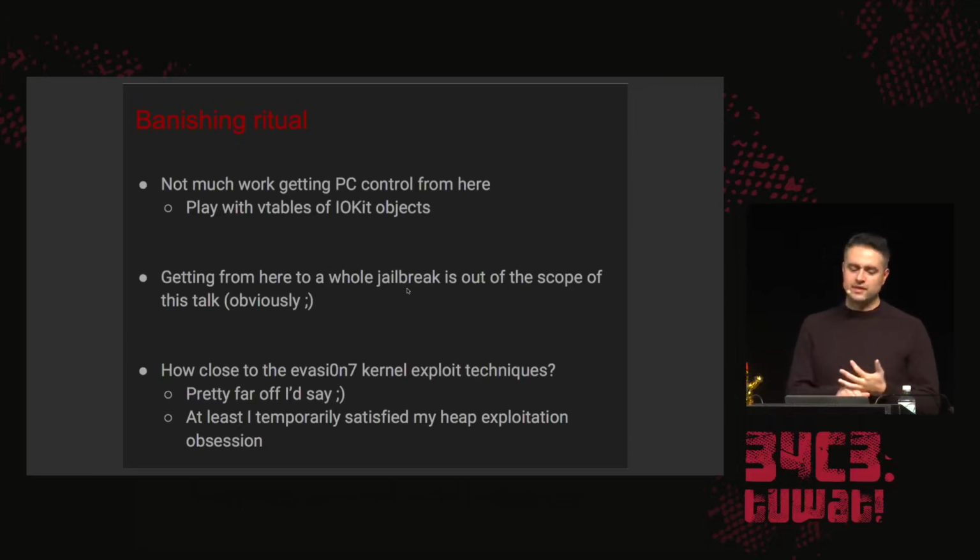And from there you can also do an arbitrary read, right? By the arbitrary read, you can read the vtable of the IOKit object, so you know the KASLR slide, and you can corrupt it in order to get PC control. And of course, getting to a whole jailbreak from that point is out of the scope of the talk, but it's not that hard actually from that point on.